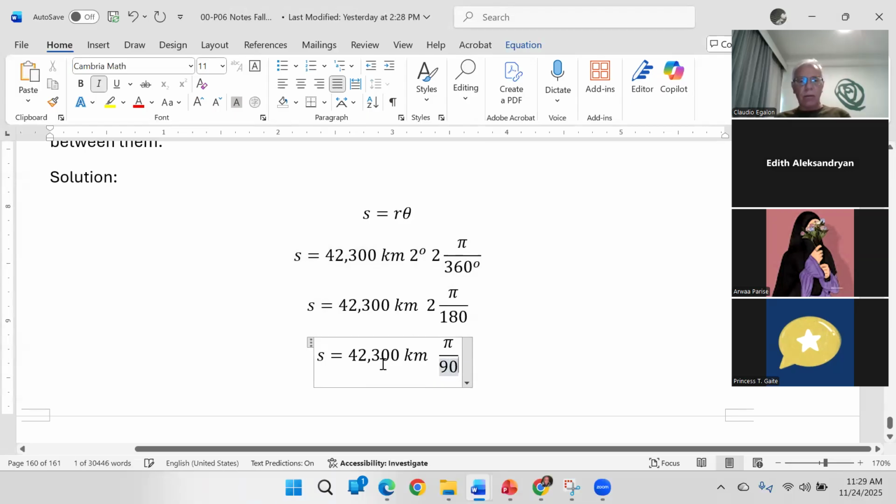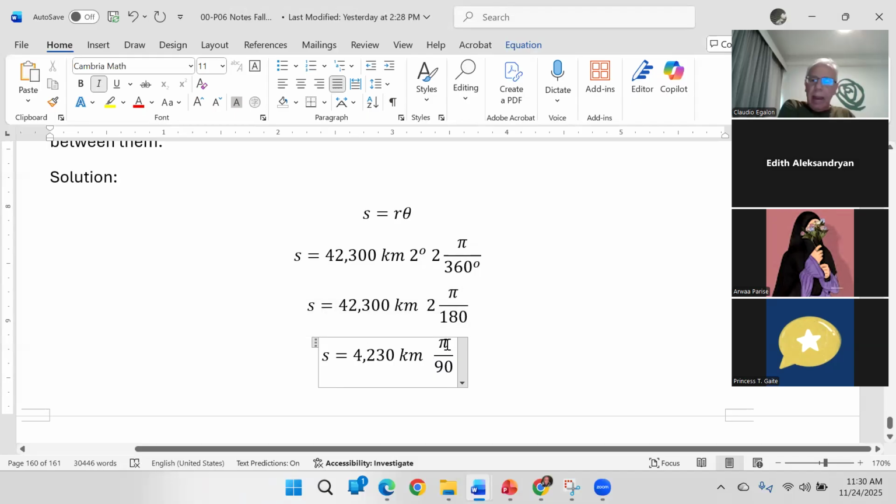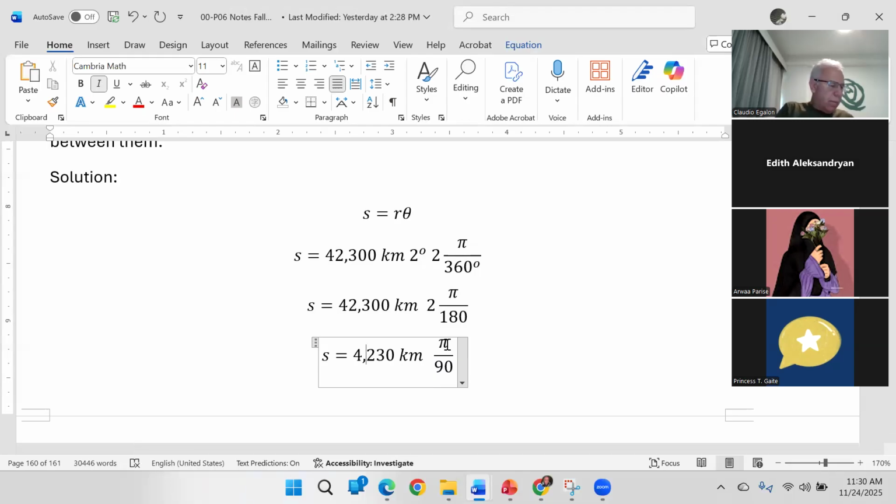This 0 cancels out with this 0 here. And let's do an approximation, right? Pi is approximately 3, divided by 90, is approximately 1 over 30. 4,230 divided by 30. That's kind of a straightforward problem.